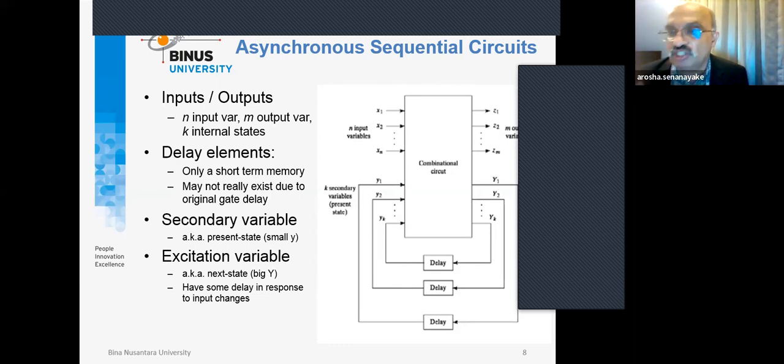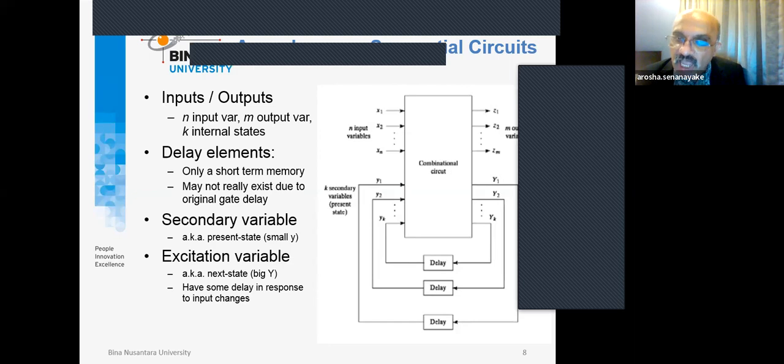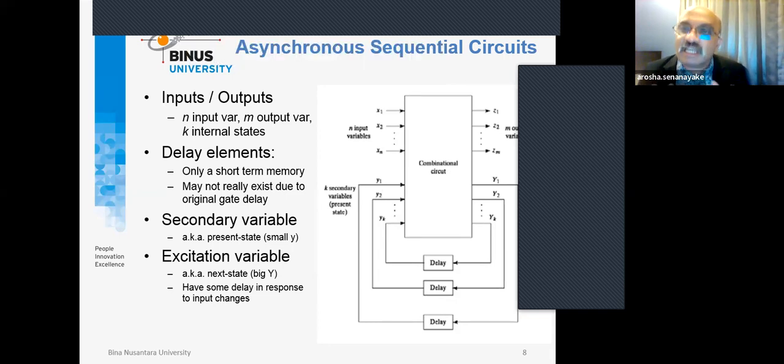In that case, that might cause the output to still remain the previous one up to a certain time period. So the expectation is that we must take those delays into consideration, meaning we must check carefully whether the states are stable. If the states are not stable, you have to wait until they get stable.